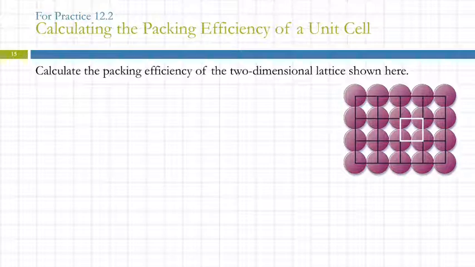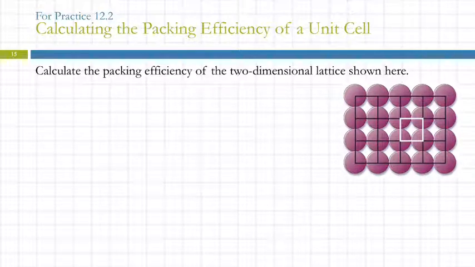So here we're going to look at a 2-dimensional lattice. This is easier to look at. So thinking just in 2 dimensions, you can think of this as pieces of fruit or marbles or tennis balls or whatever you want. You're sticking them in a box and you're lining them up like this. This is asking us to calculate the packing efficiency. So the packing efficiency in 3 dimensions is the volume occupied by the things divided by the total volume of the cubic unit cell.